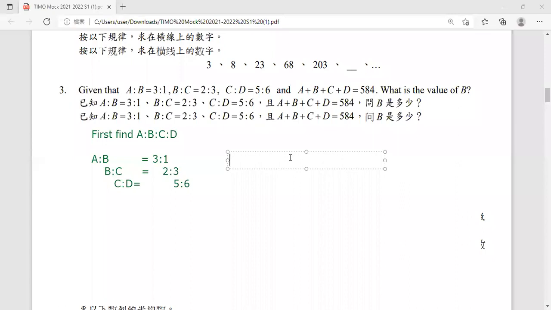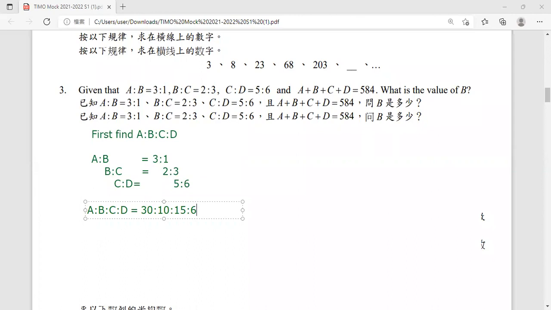Okay, and then will be what? Maybe I do it very slowly. The first one will be what? First one is 6 to 2 to 3, and then times 5, so it's 30 to 10 to 15 to 6.